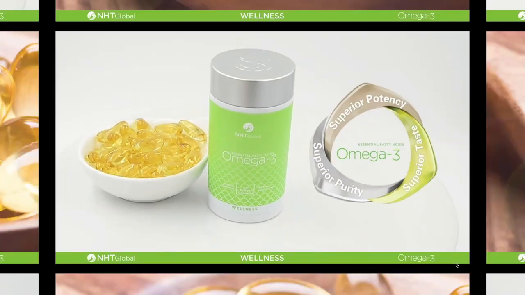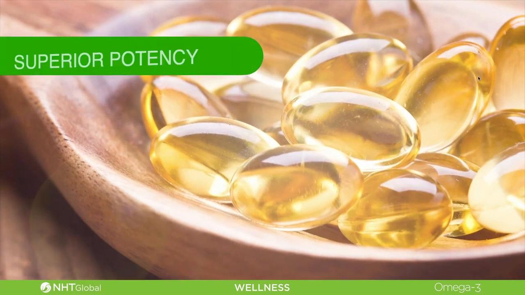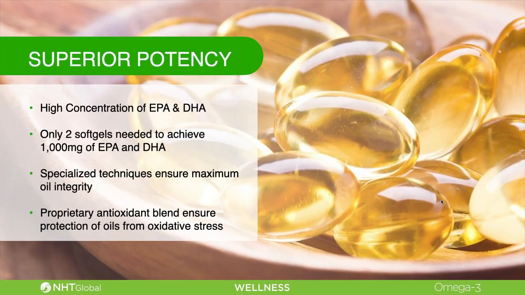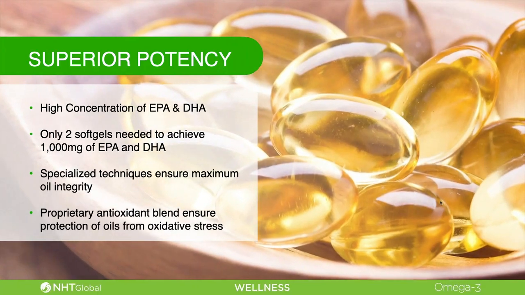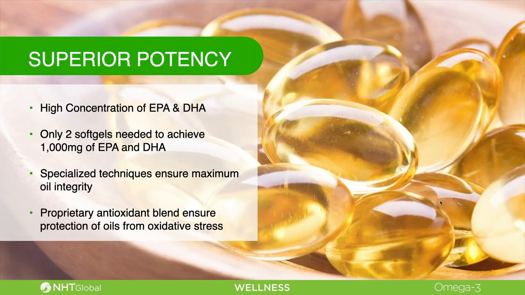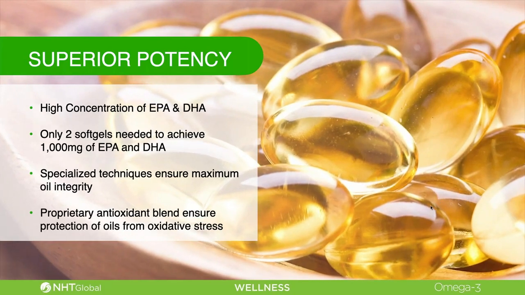So I've touched on some of these points already, but we'll just briefly review the potency. Potency is strength. We base it on the overall amount of omega-3s in the product, but primarily on the EPA and DHA. We need EPA plus DHA to be at least 1,000 milligrams in every soft gel.